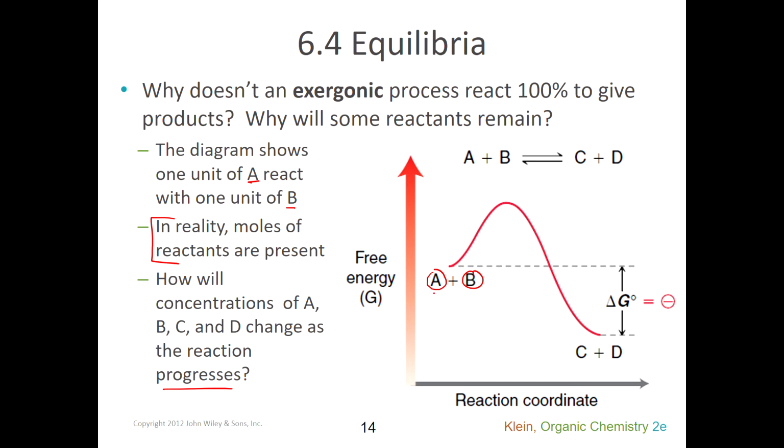The amount of A is going to slowly decrease, and the amount of products are going to slowly increase. Once it gets close to equilibrium, it's going to slow down. The amount that this goes up and down is going to be changing at a slower rate. We'll talk about rate in a minute. Eventually, though, I never convert all my reactants into products. As we said, we get an equilibrium.